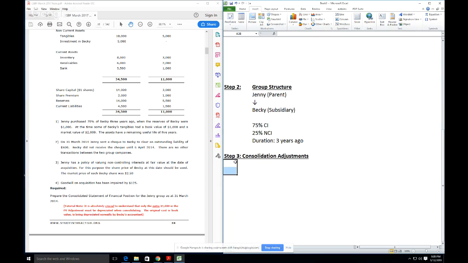Okay. So we have an adjustment to make. It said at the time, some of Becky's tangibles had a book value of $1,000. So I will say per question, first adjustment we have: fair value to Becky's tangibles.